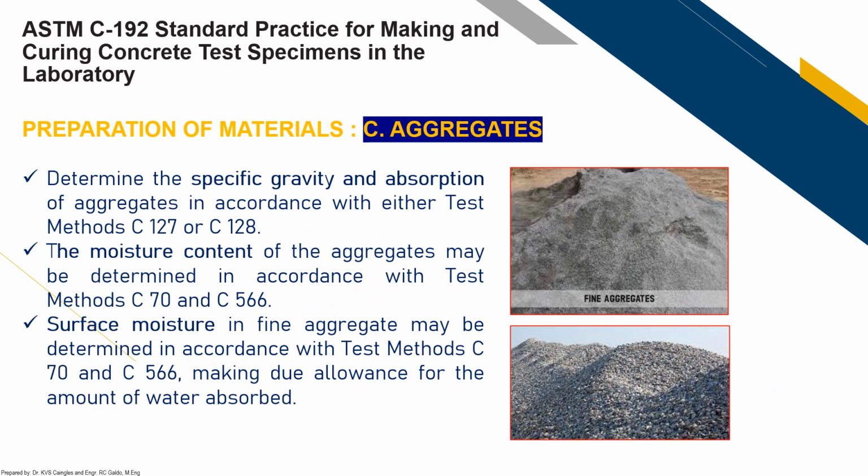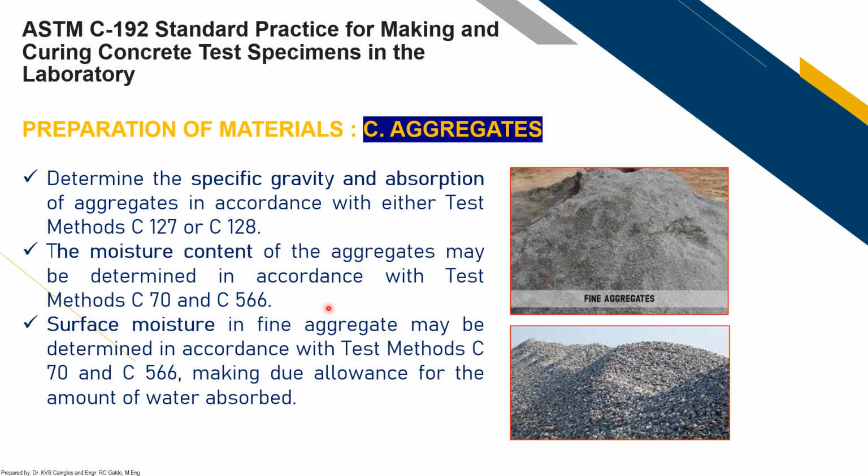Okay? Next is for the aggregates. Before we incorporate aggregates in our concrete test specimen, they need to undergo preliminary tests. These include specific gravity and absorption, which need to be determined through the ASTM standard practice for determining the specific gravity and absorption capacity of our aggregates.